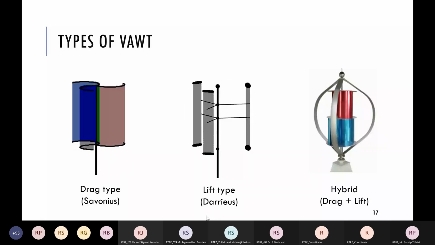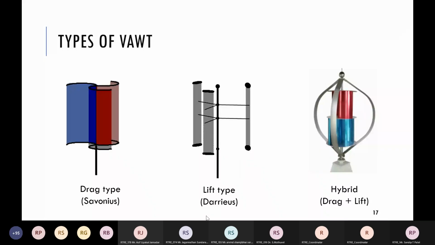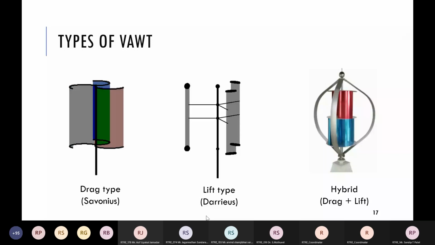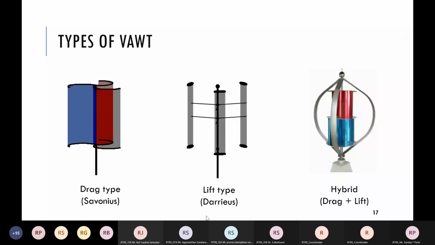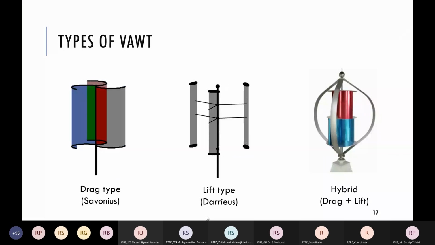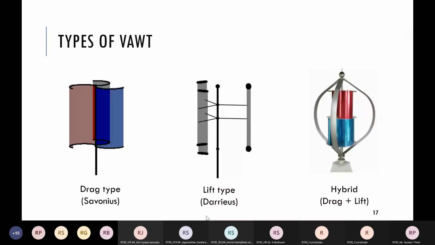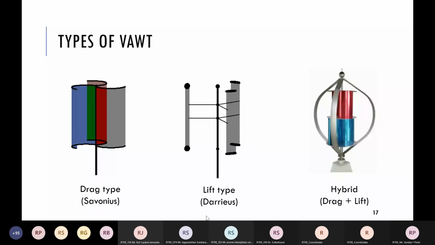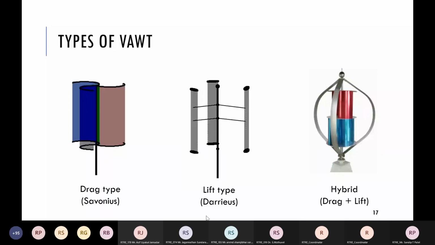So we can categorize VAWT into three major segments: drag type, lift type, and third, hybrid. You can make use of drag type and lift type, combine them, and have a hybrid turbine. There are many other types, but fundamentally we have these two categories only: drag and lift.